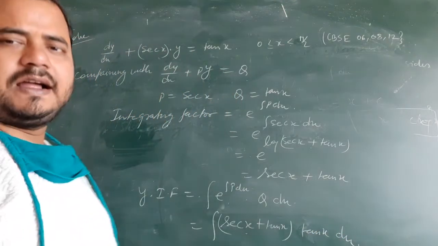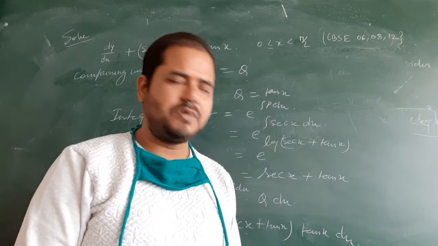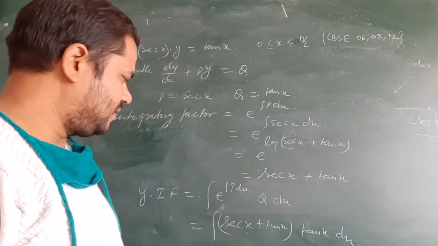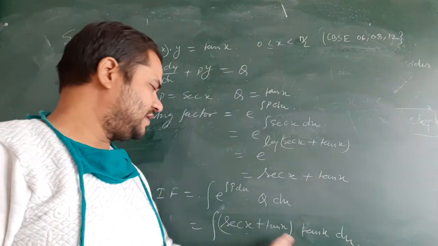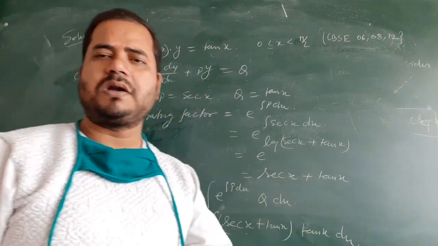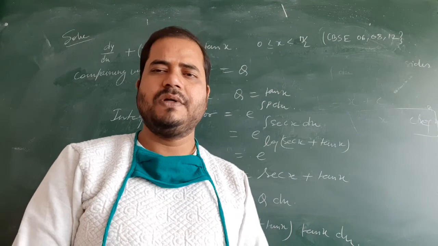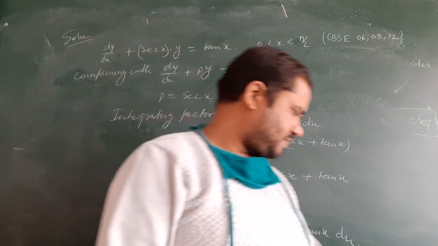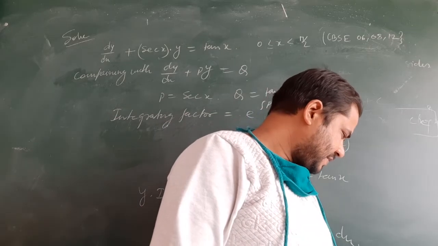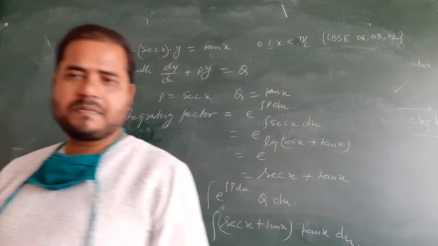Now integrate and get the solution of this particular differential equation. Maybe you know the integration. This is sec x tan x, this is tan square x. Tan square x is converted into sec square x minus 1 and then integrate it. Okay, so please see, and afterwards we can see another question. First you note it down.